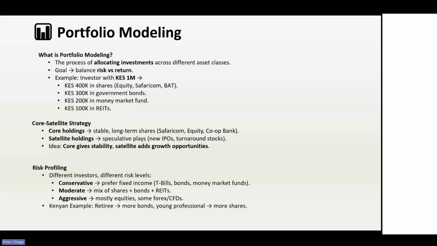So that when you get money market fund returns together with this 200K, bring it to shares. When you get your government bonds coupon, bring it to shares. This 100,000 you have put somewhere else, if it is giving you return, buy shares. By the time you are cashing these three assets, government bond, money market fund, and where you have put 100,000, you have used the returns to build that 400K to the original 1 million.